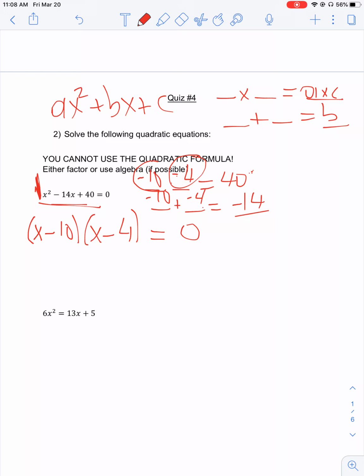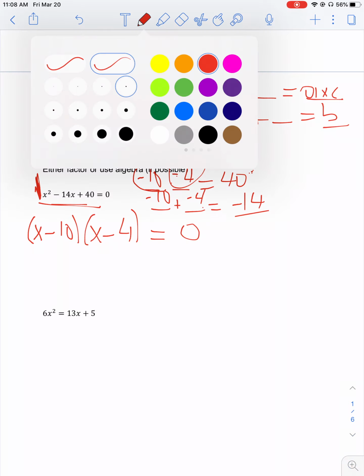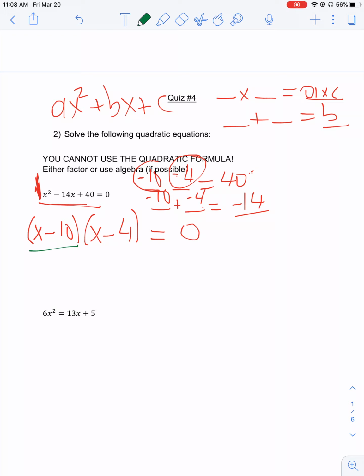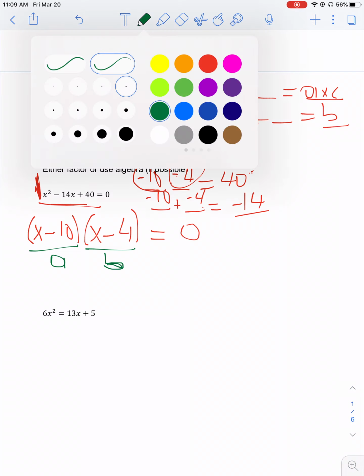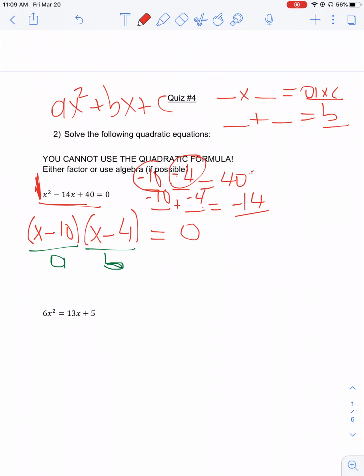So now we have a product of two terms that gives me 0. Let's just call this A, and let's just call this B. So we have A times B is equal to 0. That's the whole point of factoring, to change this subtraction and addition into multiplication, because multiplication helps us find the roots.